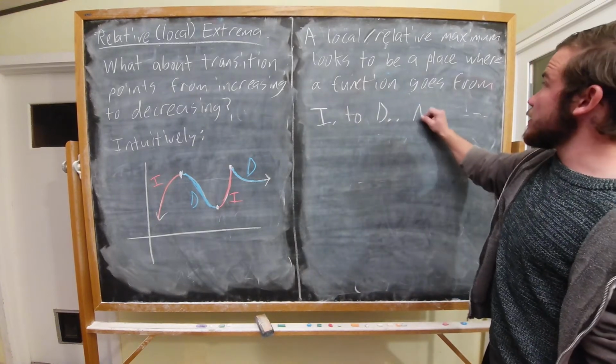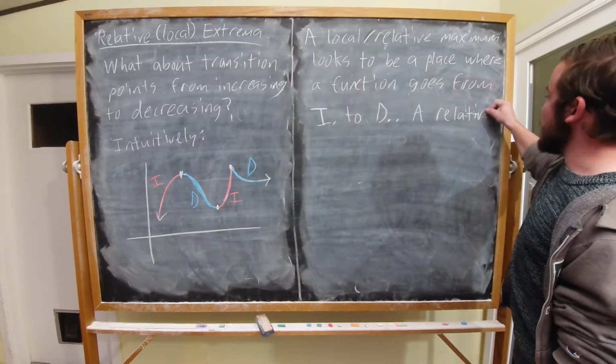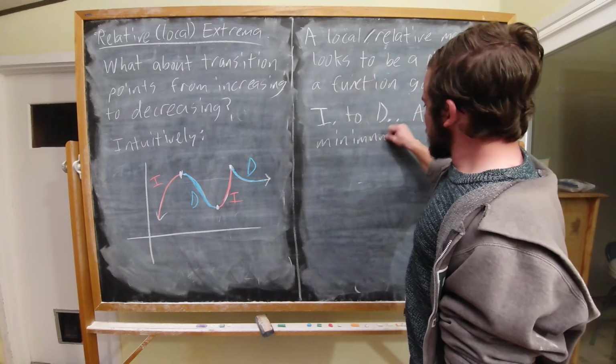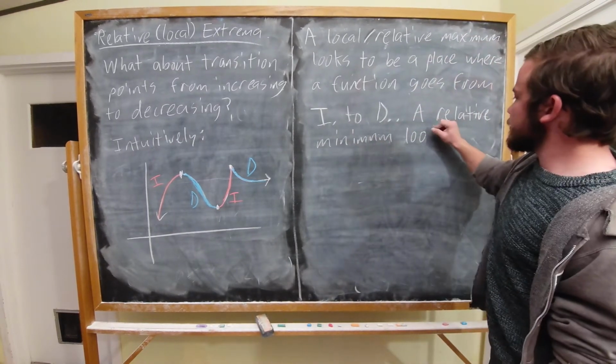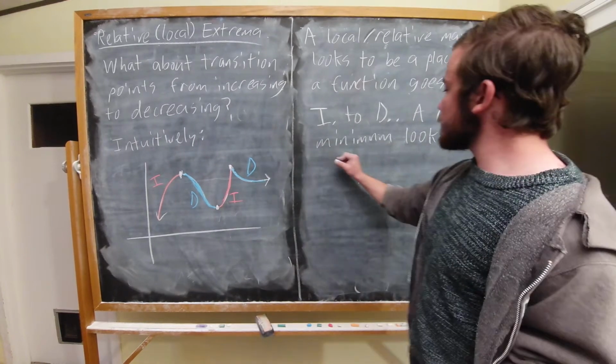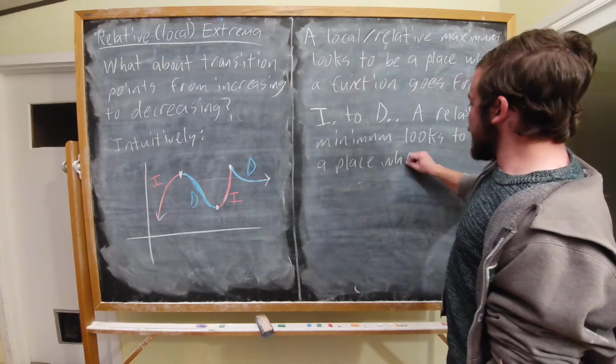A relative minimum looks to be a place where the opposite happens.